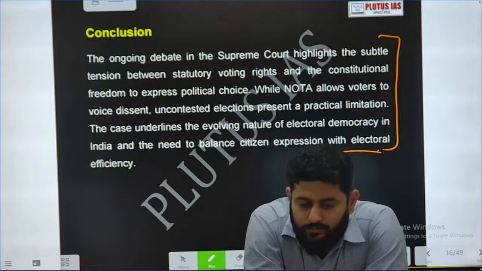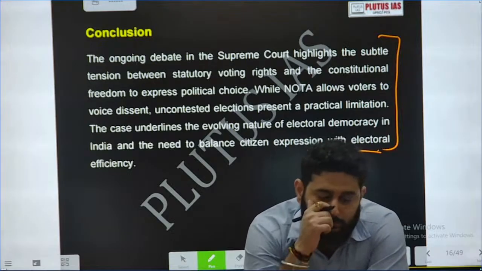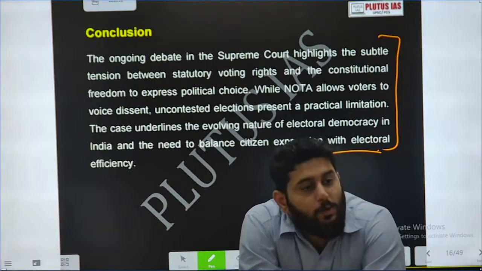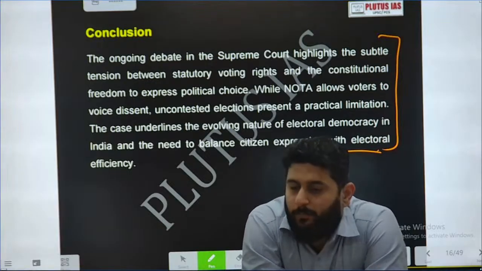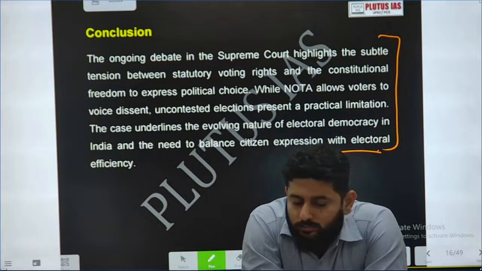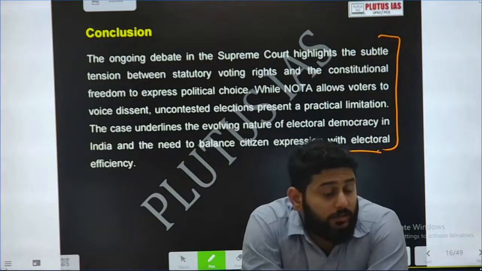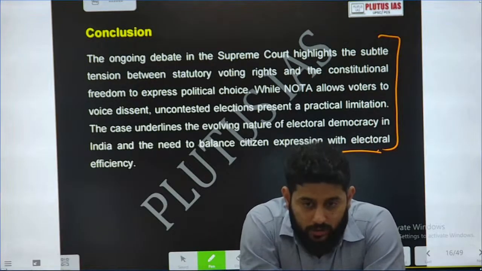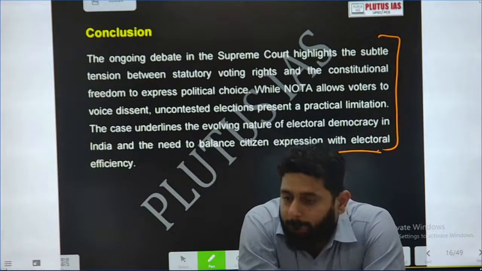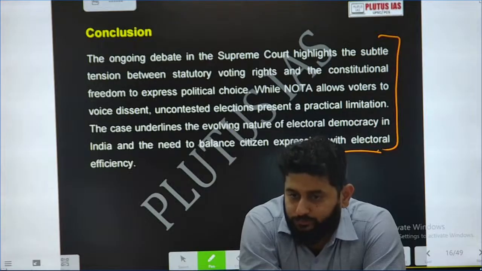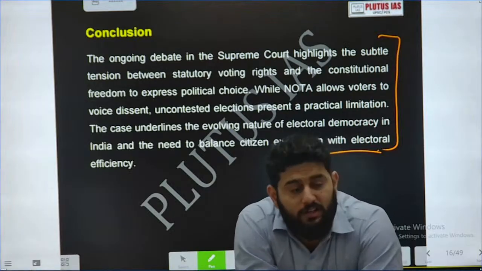Ethical governance, accountability, directly connected. Another thing is democratic values like participation, fairness, equality. Rights versus responsibilities of citizens. Both things: there is a right, and there are responsibilities too. Ethical dilemma in governance: efficiency versus inclusivity.